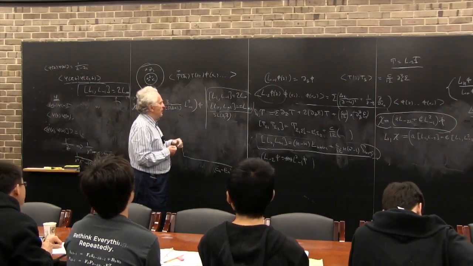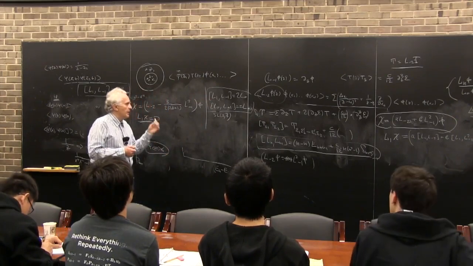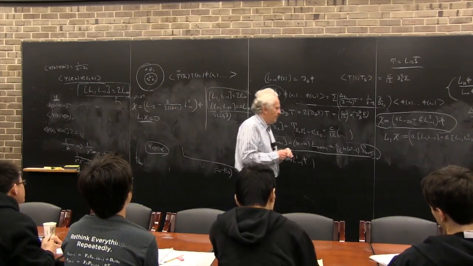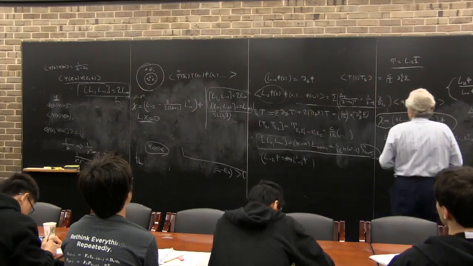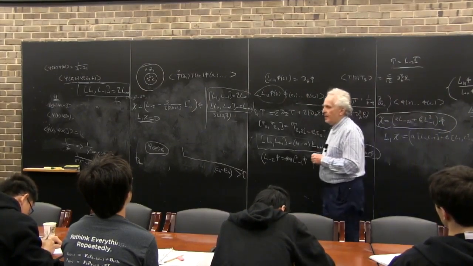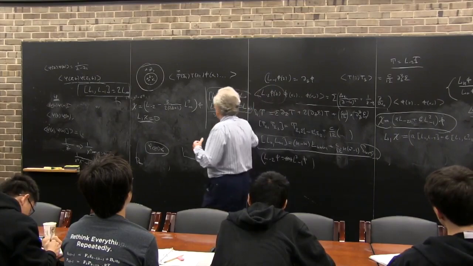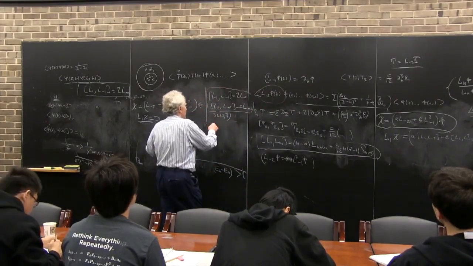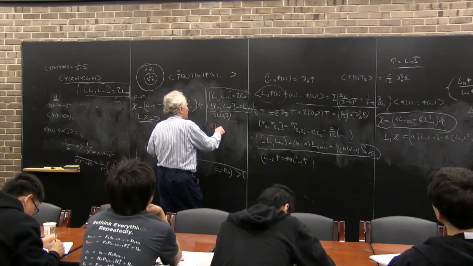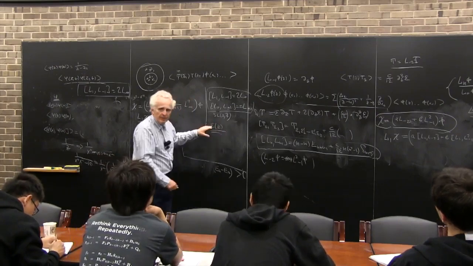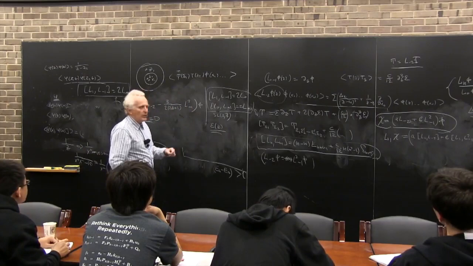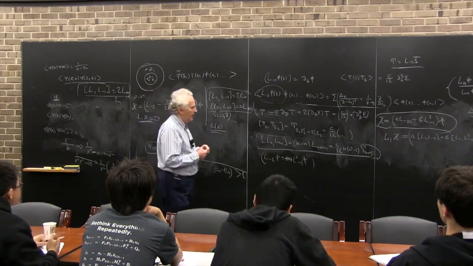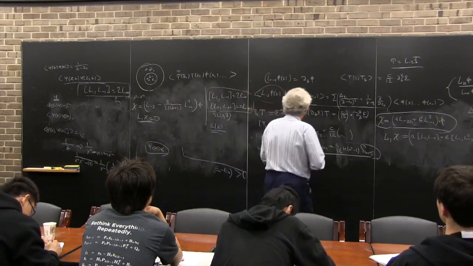Which three transformations are described by this subalgebra of the Virasoro? It corresponds to three possible changes of variables, epsilon of z, which are what? Constant. Yes.